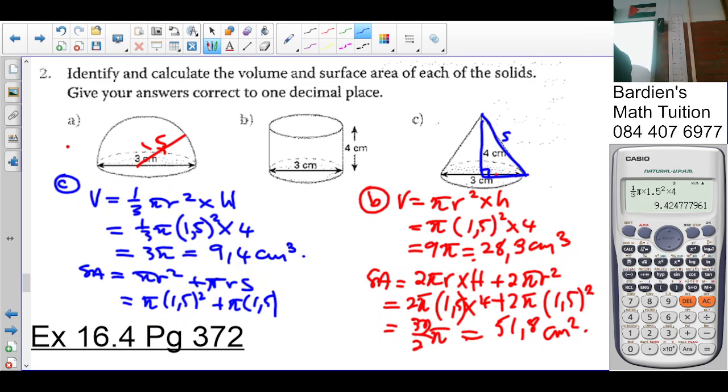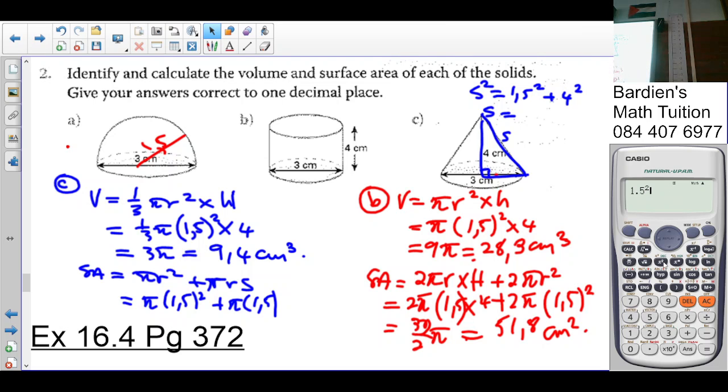You all agree with that? So s squared is equal to 1.5 squared plus 4 squared. Gives us 18.25.